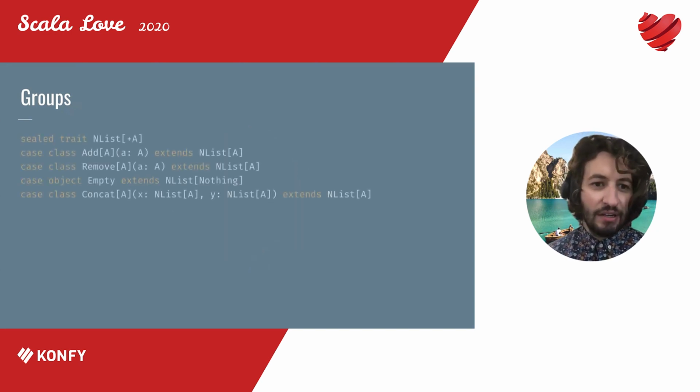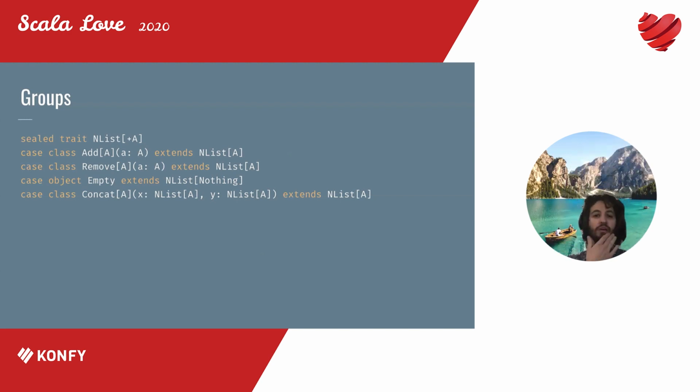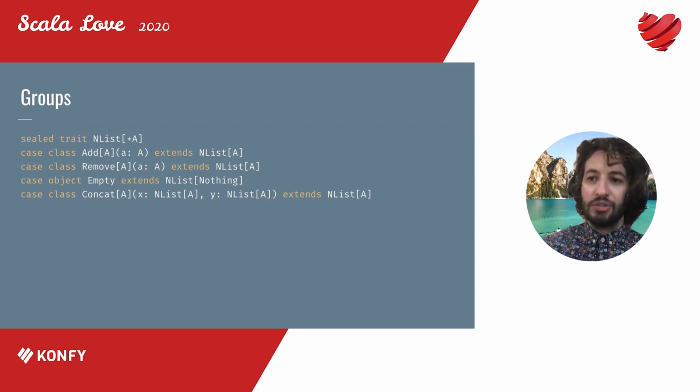All right. Another really cool thing we can do with groups is have these kinds of negative lists, where instead of having just elements, you could also have negative elements.